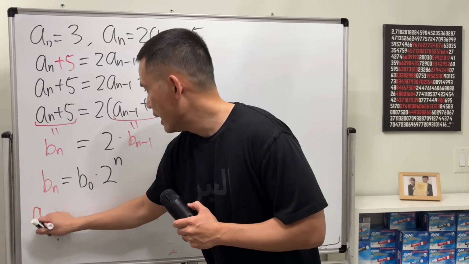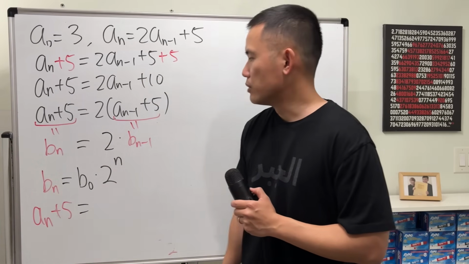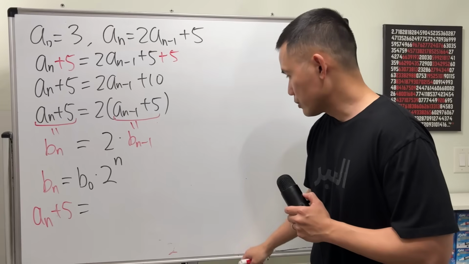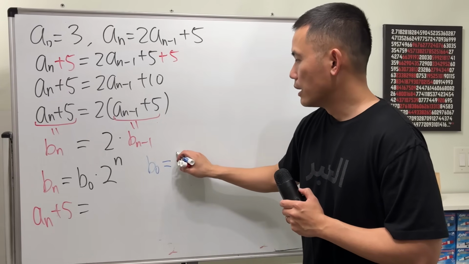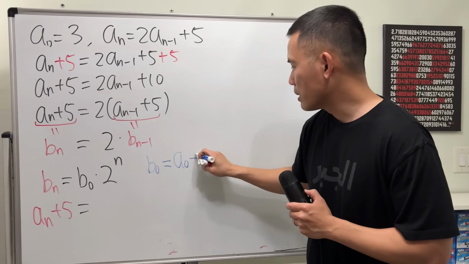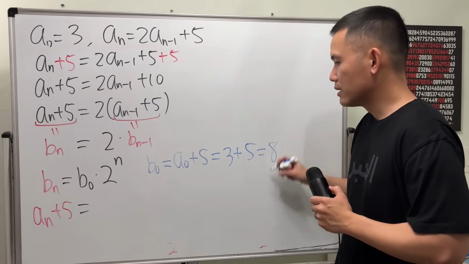So we can say an plus 5 is equal to what's b0? b0 is not 3. b0, I'll just do this right here real quick. b0 is equal to, well, you put 0 in here, so it's a0 plus 5, which is 3 plus 5, which is 8.